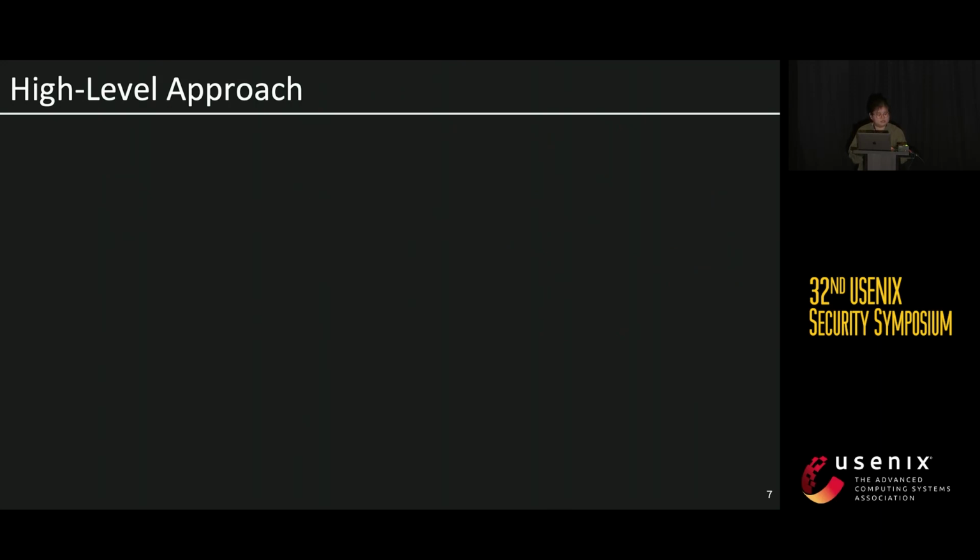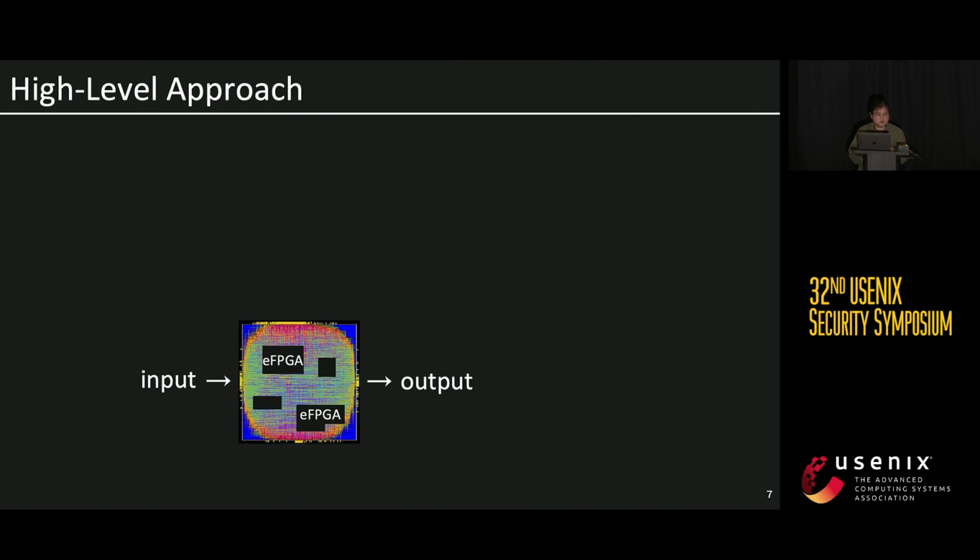Now let's see the high-level approach of FuncTeller. Recall that FuncTeller requires the threat model in which the attacker has input-output query access to the chip, which means they can apply an arbitrary input pattern, query the chip, and thereby observe the correct output from the output pins.